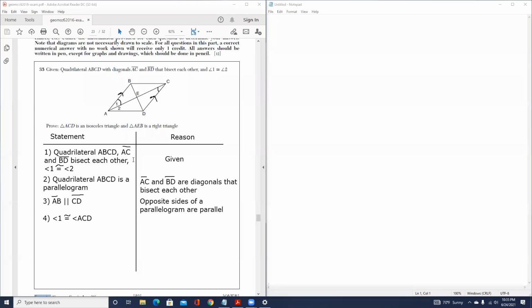And the reason for this is that alternate interior angles are congruent.